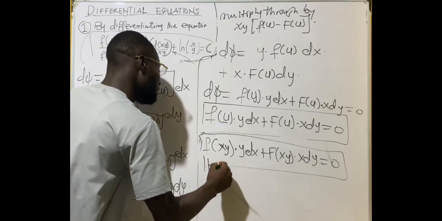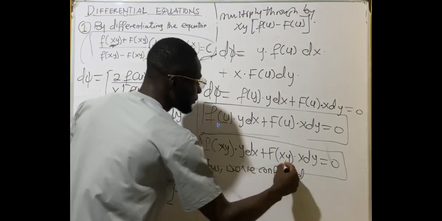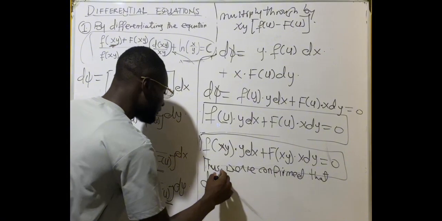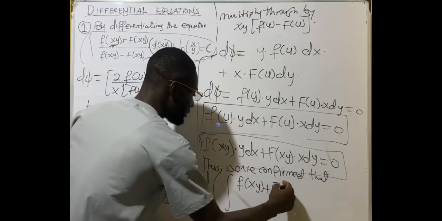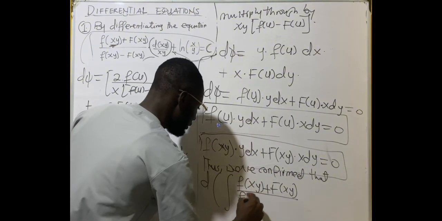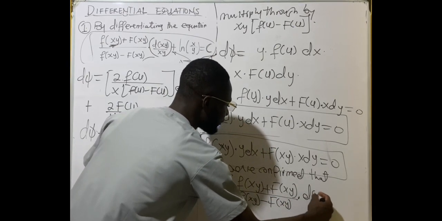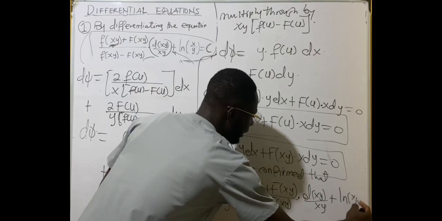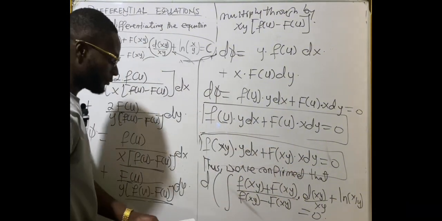So thus we have confirmed that the differential of that function, plus all over, minus, times d of xy all over xy plus ln of x over y, is indeed equal to 0, right?